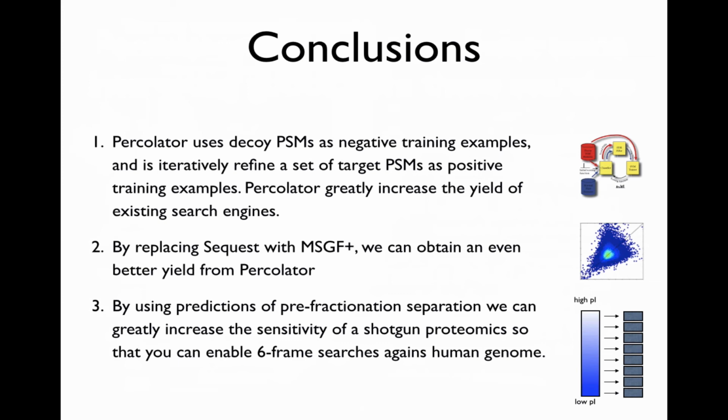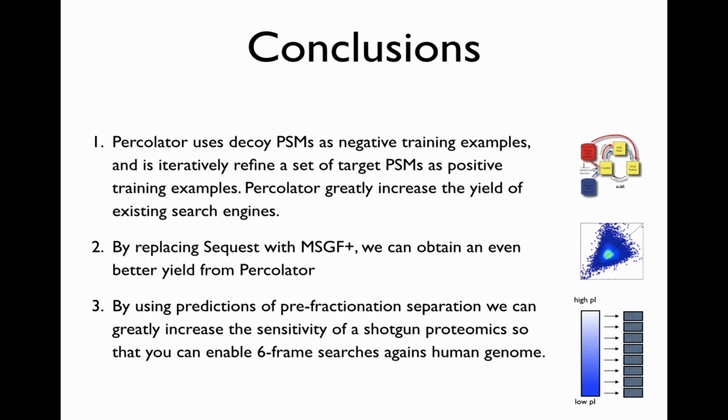And if we replace SEQUEST with MS-GF+, we can obtain an even better yield with Percolator. And if we use predictions of pre-fractionation separation, we can greatly increase the sensitivity of shotgun proteomics, to the point that we can even enable 6-frame translation searches against the human genome.